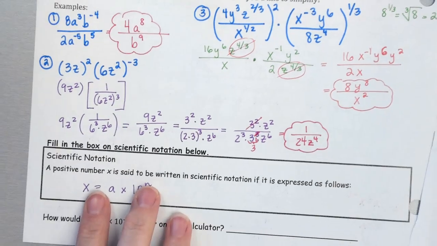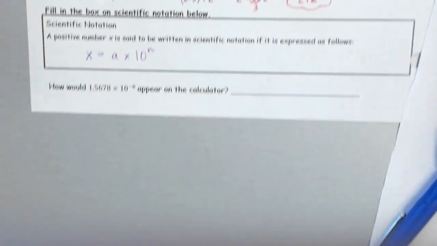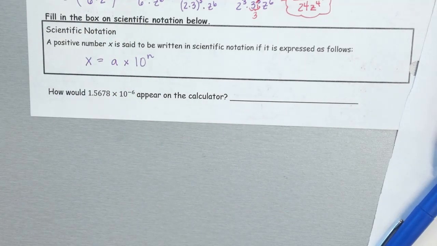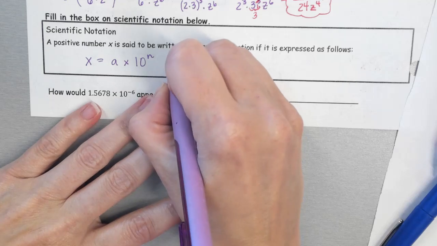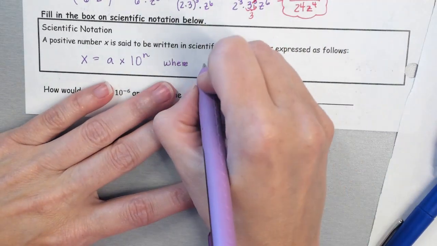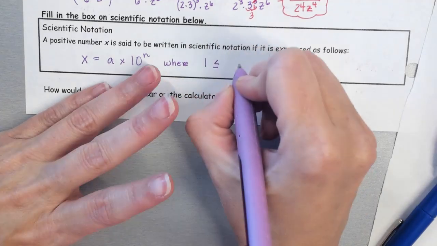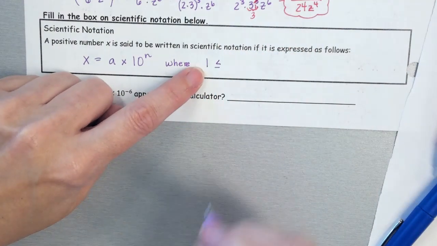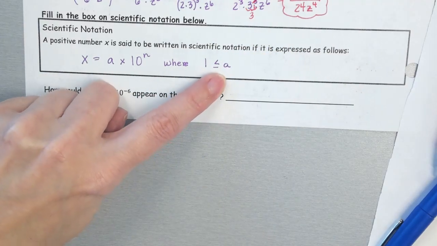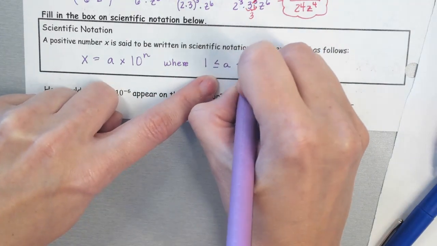And then do you guys remember what the rule is for this number in front, for a? There's some stipulations. It has to be between, not 0, but 1. Good, between 1 and 10. So it has to be at least 1. So 1 is less than or equal to a, and that is less than 10.